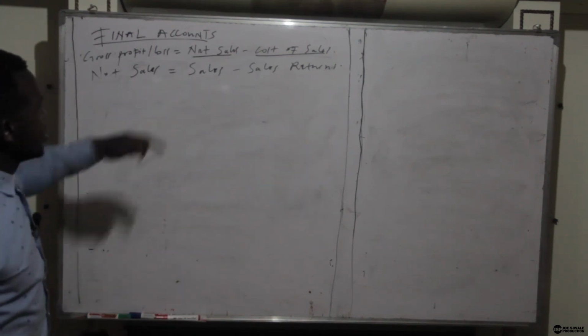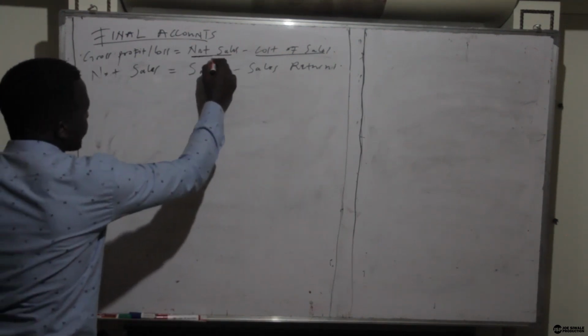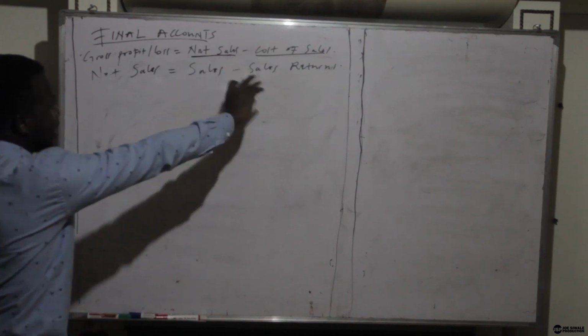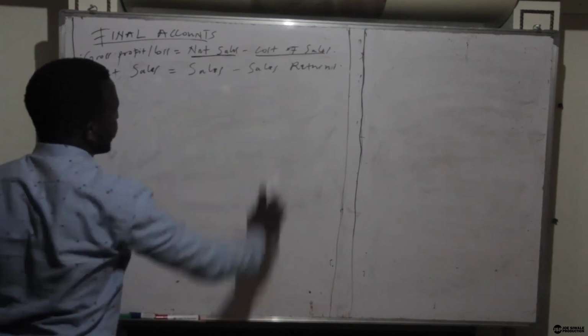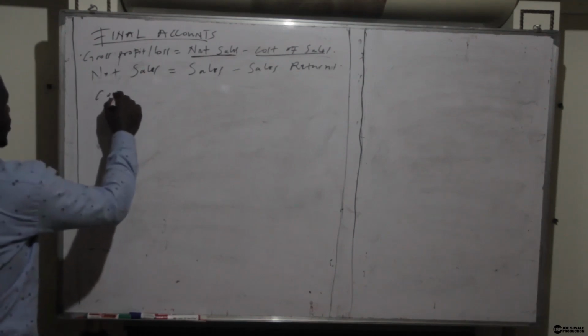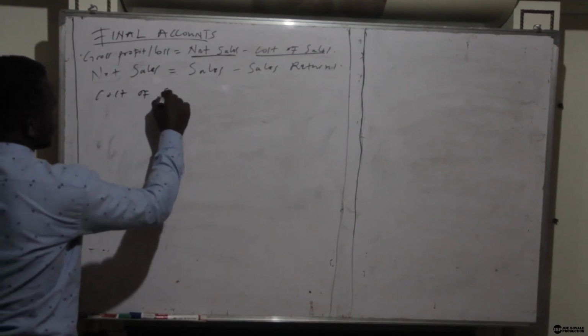Since we have broken down the first part of the formula, let us break down the other part of the formula, which is cost of sales.